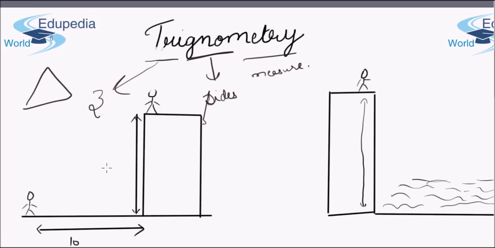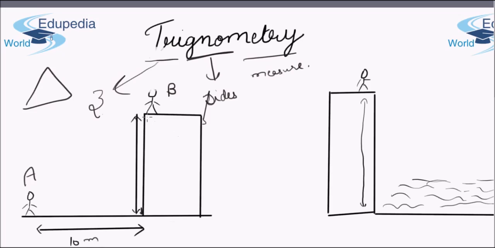Suppose we have two friends. One is approaching the house of the other friend, and the other friend is standing at the rooftop of his house. Suppose this friend walking towards the house, say B, and this friend as A, has discovered that the distance left between his destination, that is this point of his house, and where he currently is, is 10 meters.